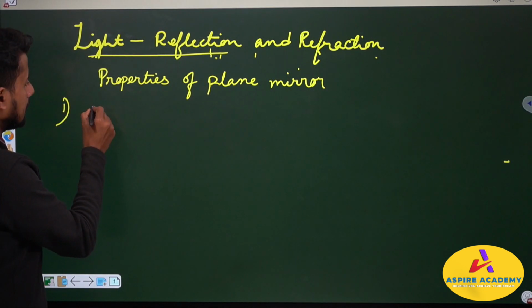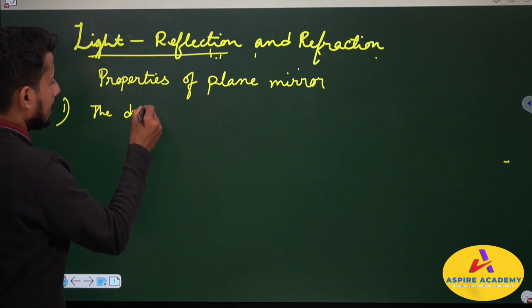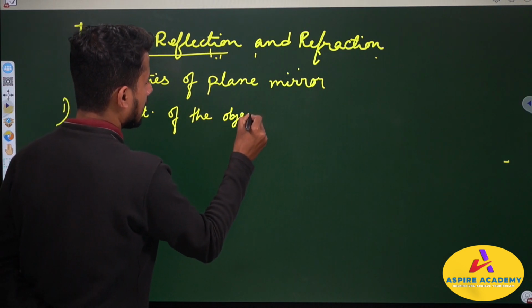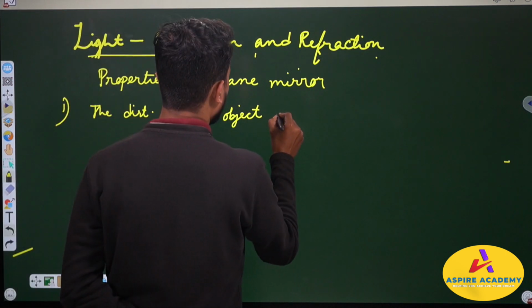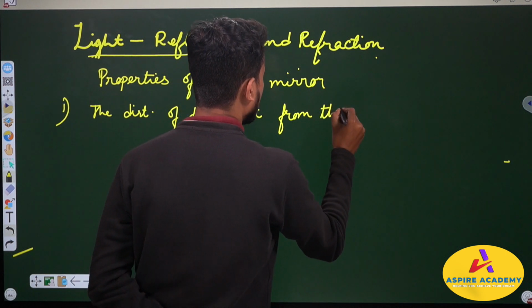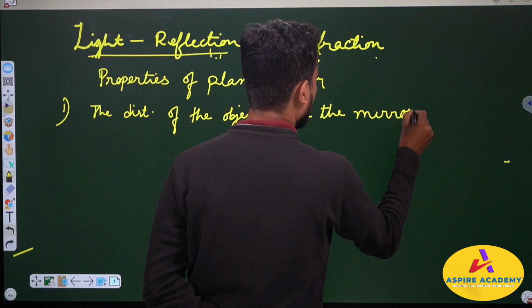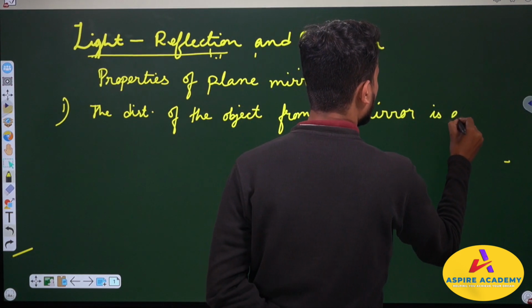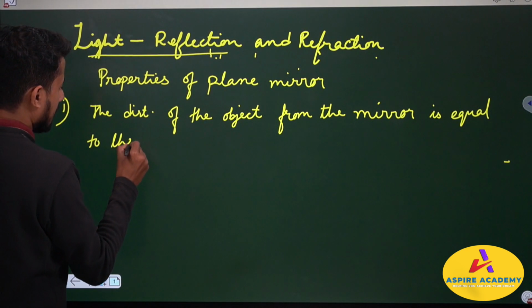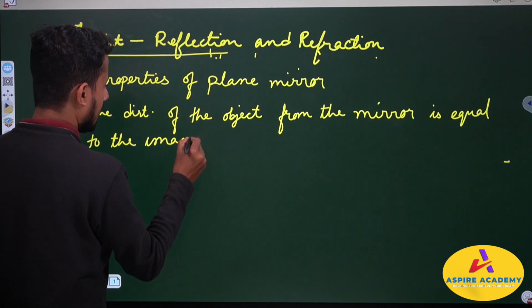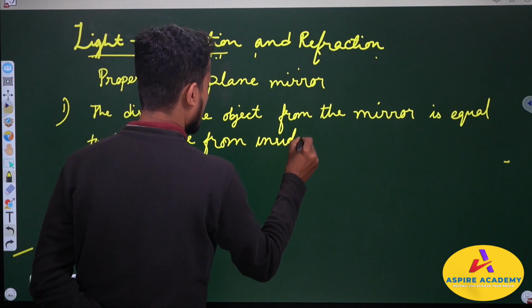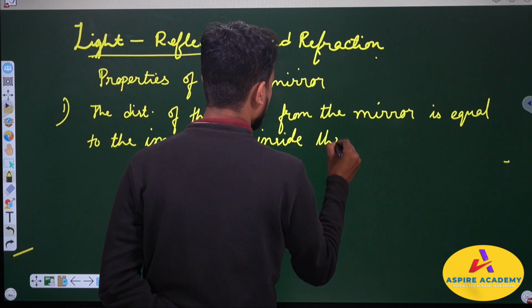So the distance of the object from the mirror is equal to the image formed inside the mirror.